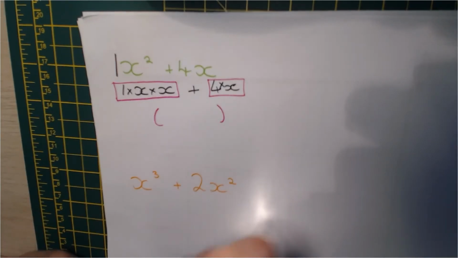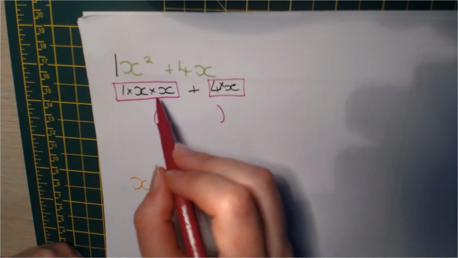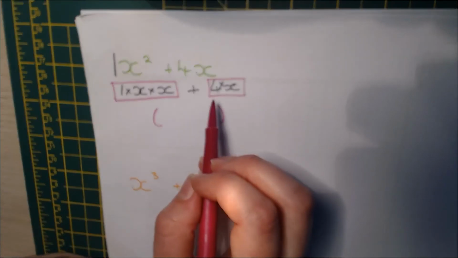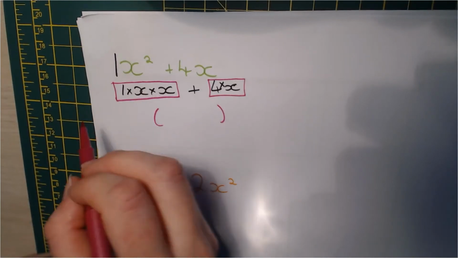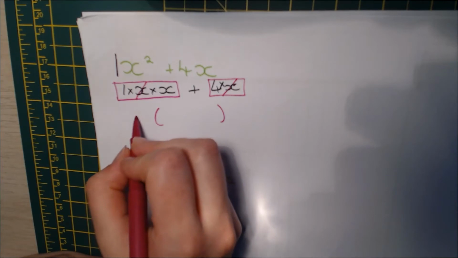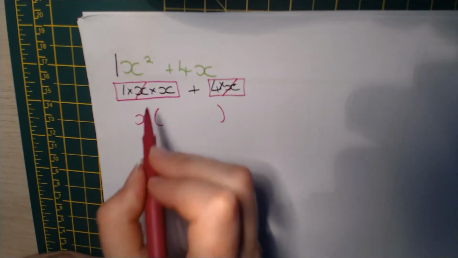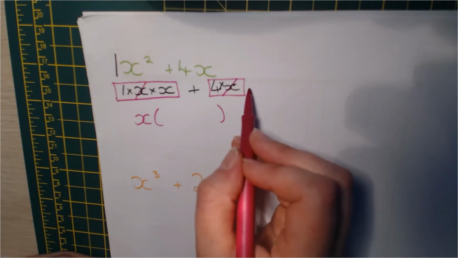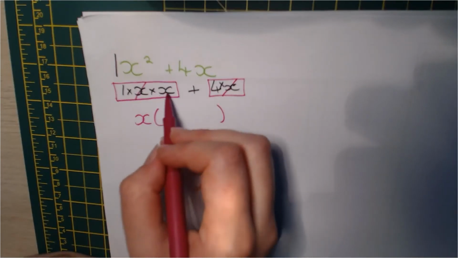Now the same thing we did before: anything that appears in both, I'm going to put outside. On this one, it's not a number like last time. We've got some x's. So this x and this x pair up, and I'm going to take it outside here. Now this x doesn't have a pair. There's no pair to go with that, so I can't take it out. It's going to have to stay in there.